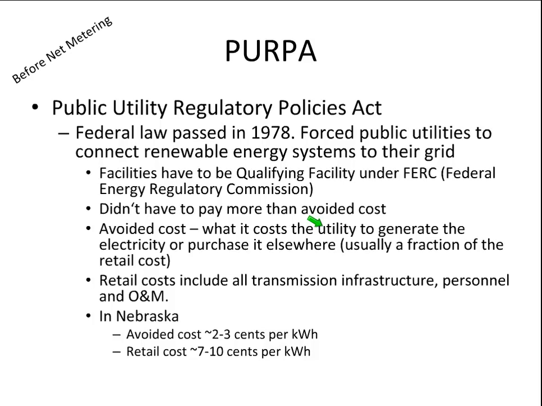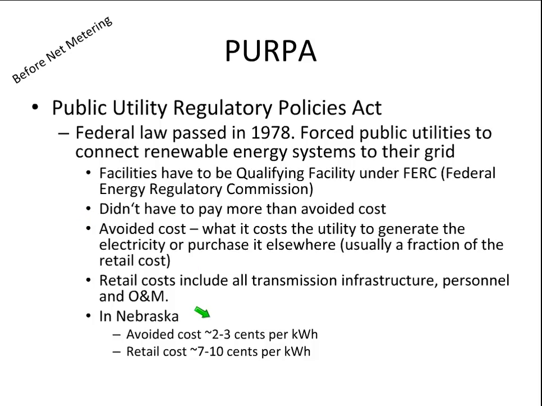The reality, though, is they do not have to purchase that power from you at greater than their avoided cost. Avoided cost, in this case, is basically the utility's cost to generate that electricity.